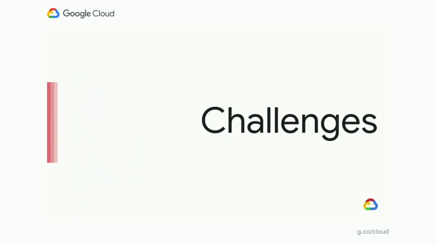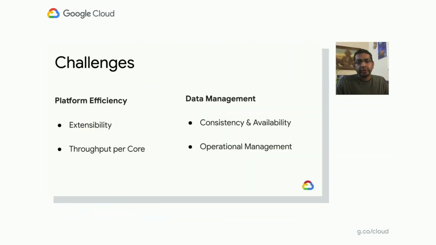So, more than a year back, we took a holistic look at our architecture with an aim to simplify and modernize it. Let's look at how we approached it. We categorized our challenges into the following dimensions: one focused on platform efficiency, and the other on data management. On platform efficiency, a lot of product teams across Uber use the fulfillment platform to build business features.